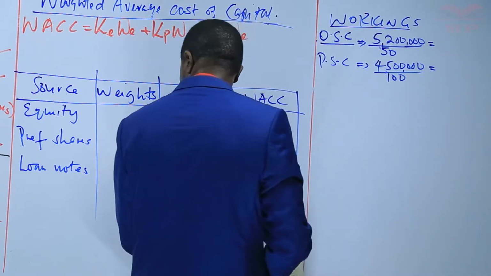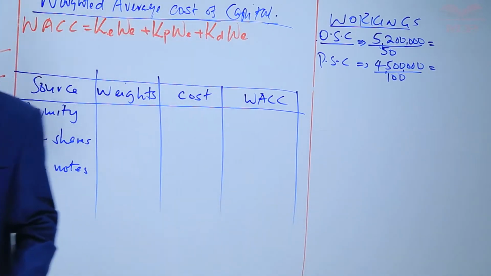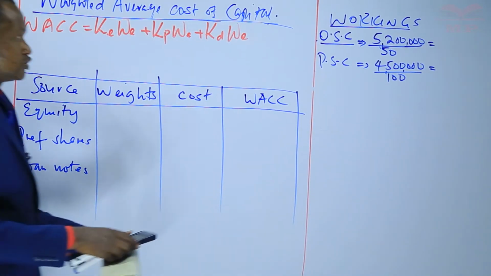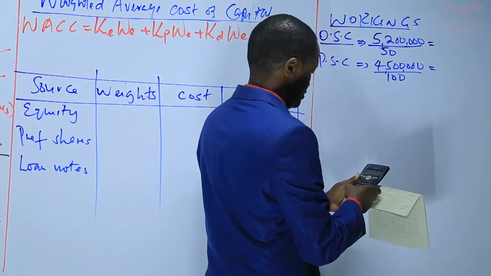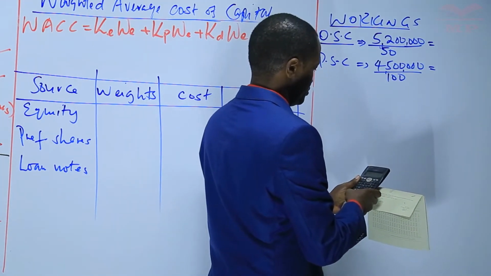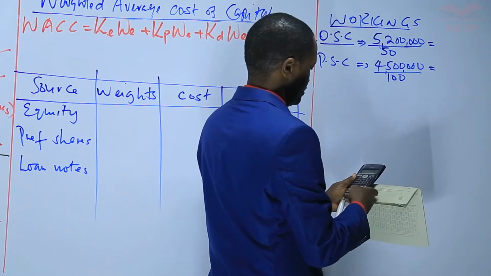That will give us the number of preference shares. So let me divide 5.2 million by 50.